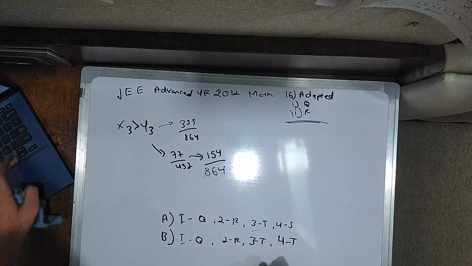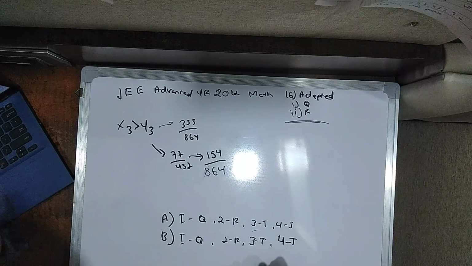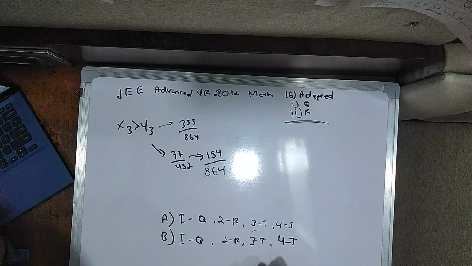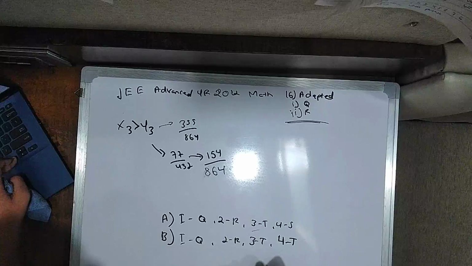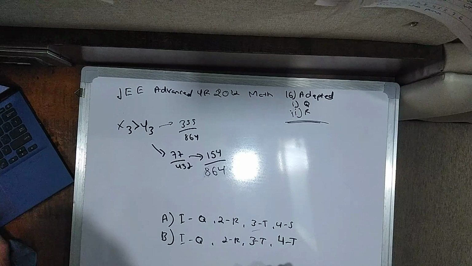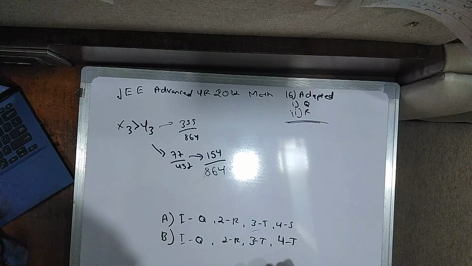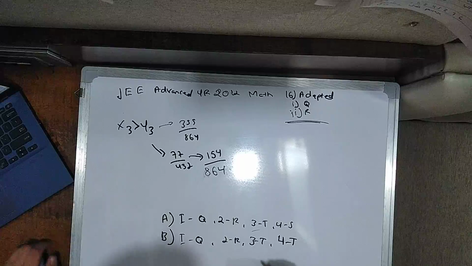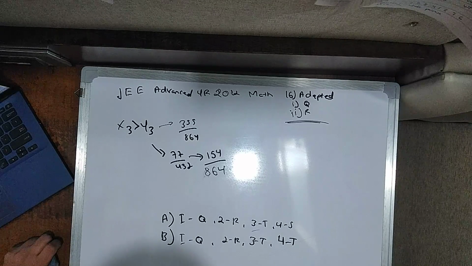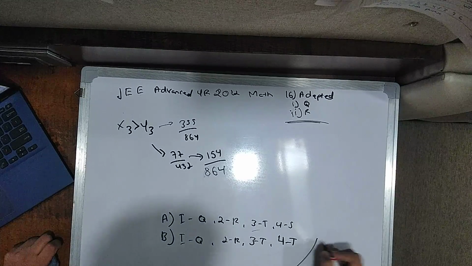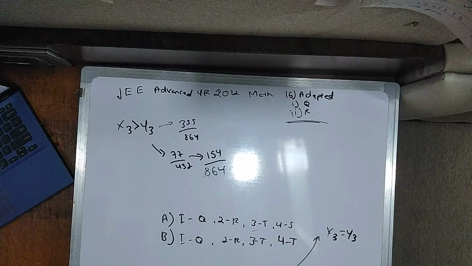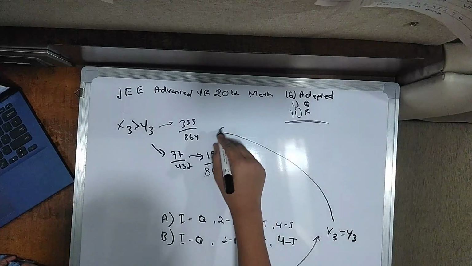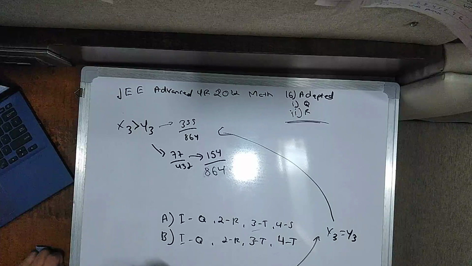Wait, my bad. I just need to read the question now. Sorry, really sorry. 3 is the probability that x3 is equal to y3. I'll just write it here, x3 equal to y3, and 4 is the probability that x3 is greater than y3.